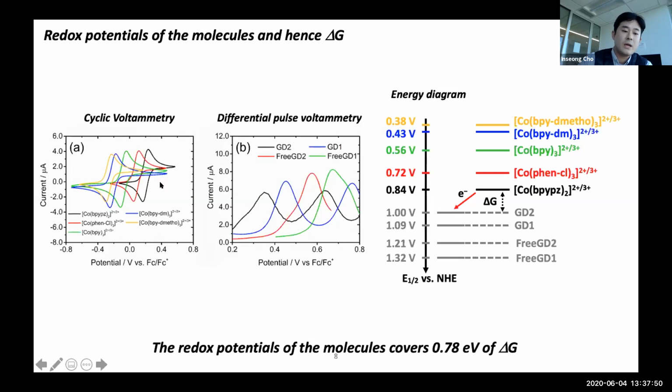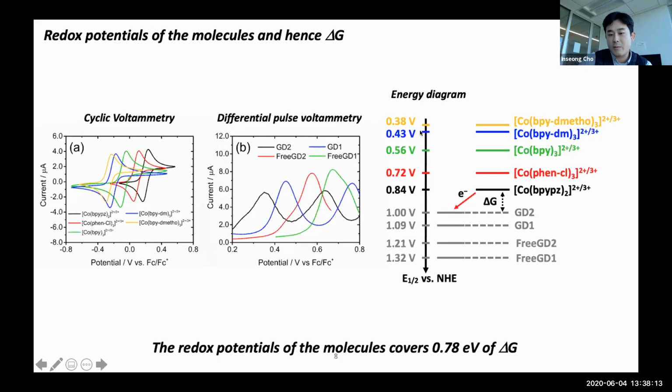First of all, we perform cyclic voltammetry for determining the cobalt electrolytes' redox potentials. By changing the substituents and the ligand structure, the redox potential shifts. And for the surface bound porphyrin molecules, we perform differential pulse voltammetry.